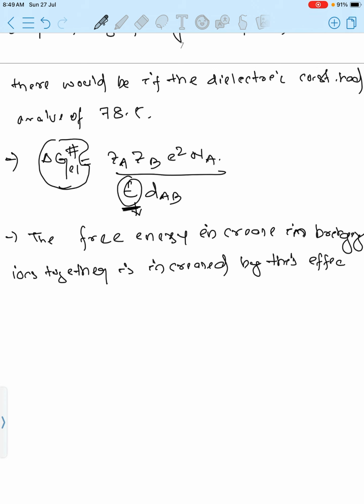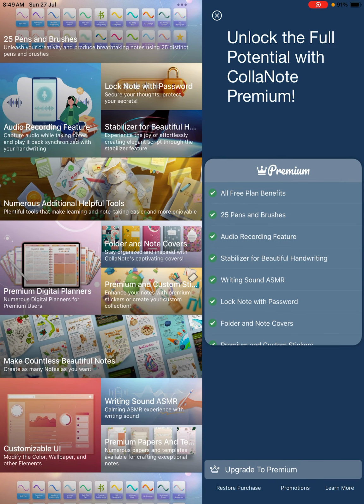Why? Because the closer they come to each other, the closer the solvent molecules come to each other, and the solvent molecules will be experiencing a greater electric field, and they will be oriented more in a particular direction to a larger extent.